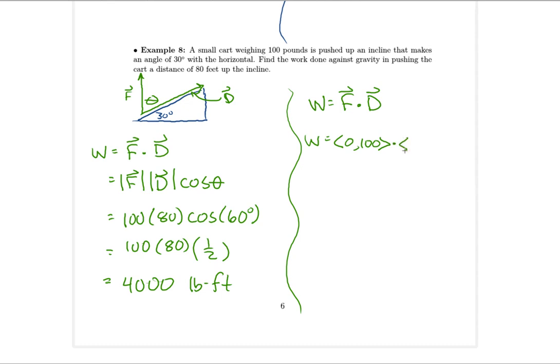Then my distance vector is going to be 80 cosine of 30, 80 sine of 30, which is going to equal 8,000 sine of 30 degrees. At first you might say we're definitely getting something different here, but no, because sine of 30 is the same as the cosine of 60. It's a half, so we're still going to get 4,000 pound-feet.